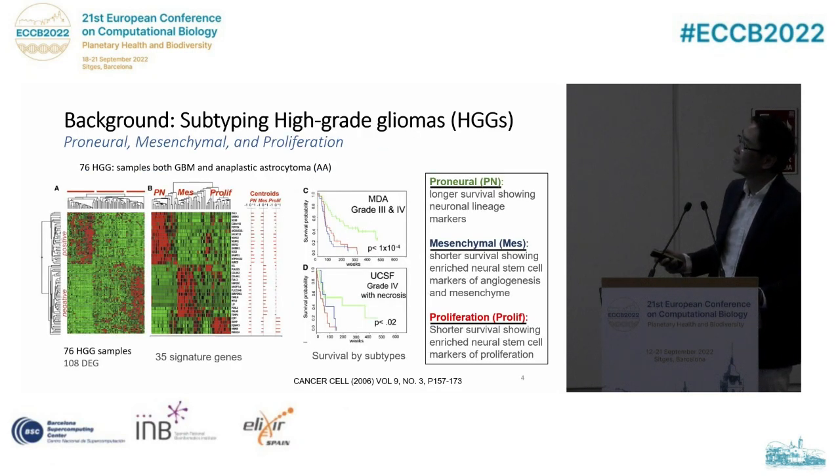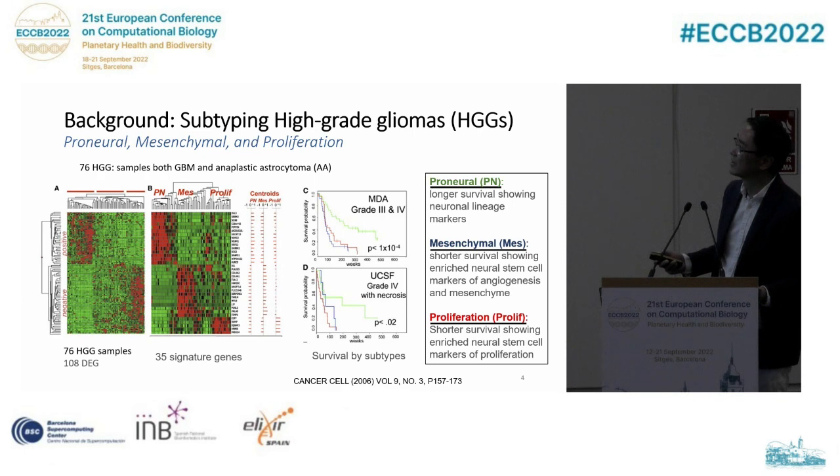Right, so there's a lot of work that's been done on the aggressive high-grade gliomas in general. The microarray-based gene signature approach has been around for many years, almost 16 years. The approach is usually you sort the samples and then genes, and you use clustering to find gene signatures.